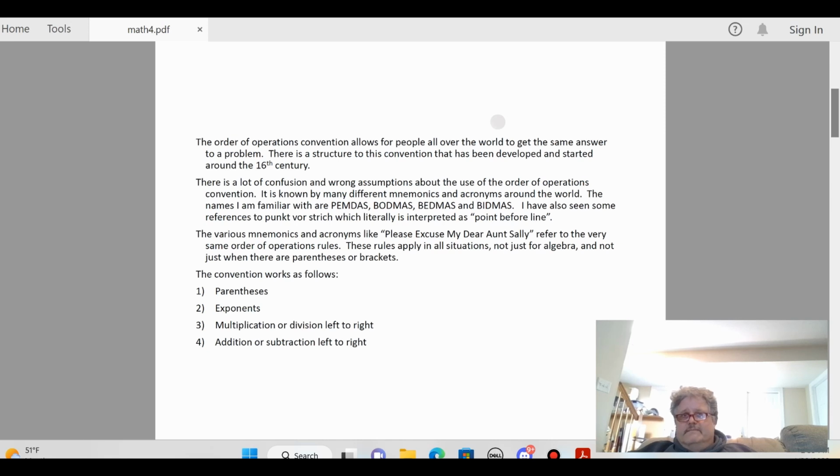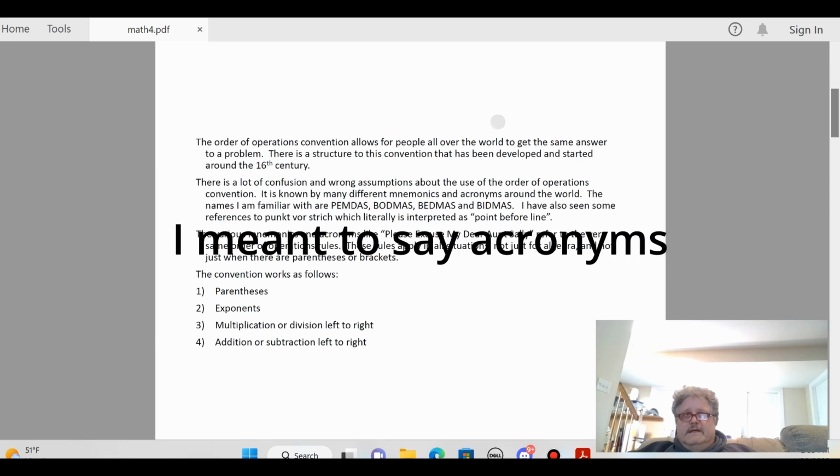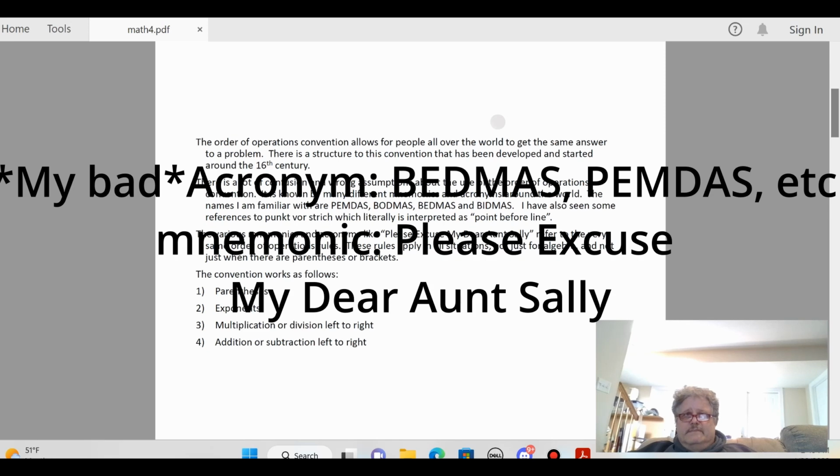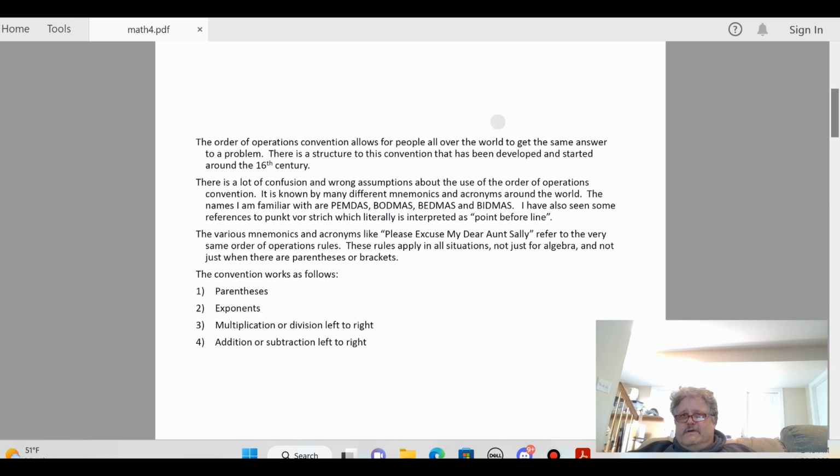It's known by many different mnemonics around the world. In a lot of English-speaking countries, there are various mnemonics. Some of those that I'm familiar with are PEMDAS, BODMAS, BEDMAS, and BIDMAS. I'm not super familiar with where they're all from. I think in the UK it might be BODMAS or BEDMAS, I can't remember exactly which.